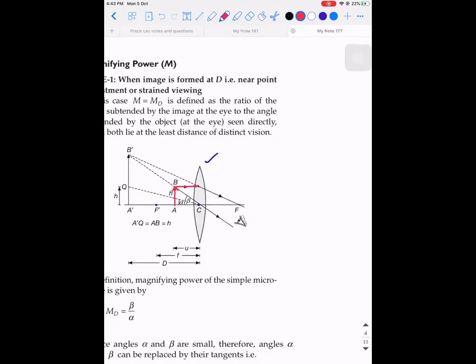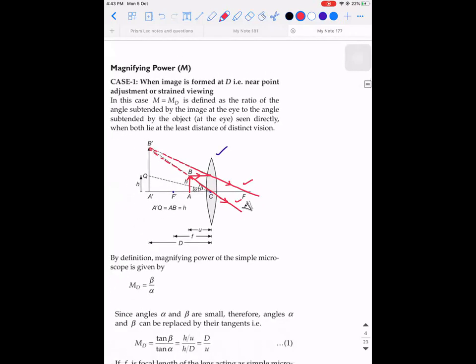When you take a ray parallel to the principal axis, after refraction it passes through the focus on the other side. When it passes through the optical center, it travels without any deviation. So this ray and this ray diverge away from each other, as a result of which a virtual image is formed. That is A dash B dash.